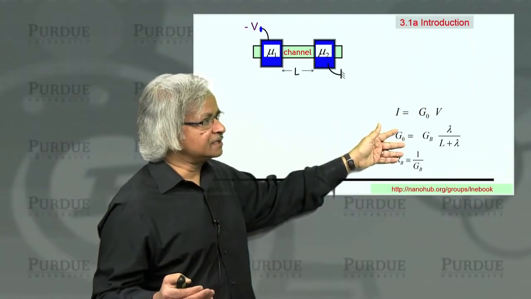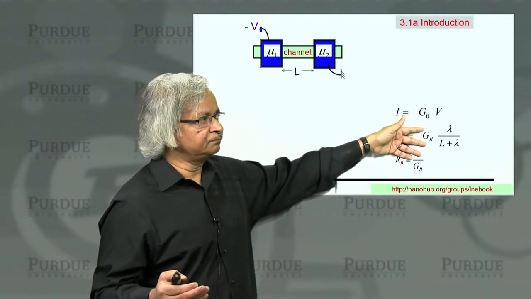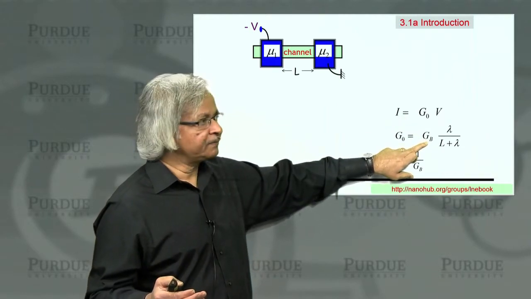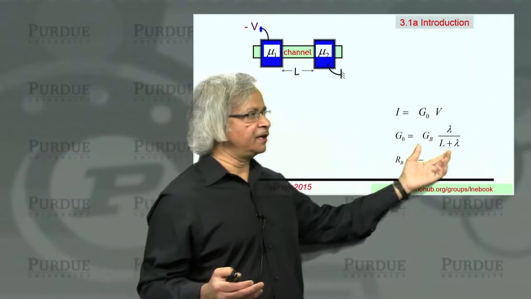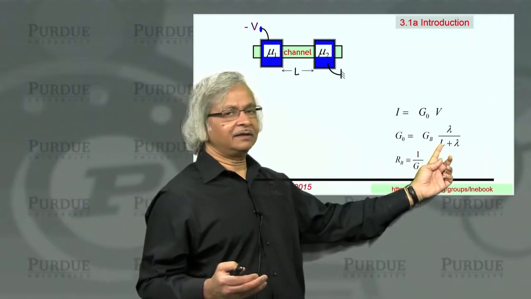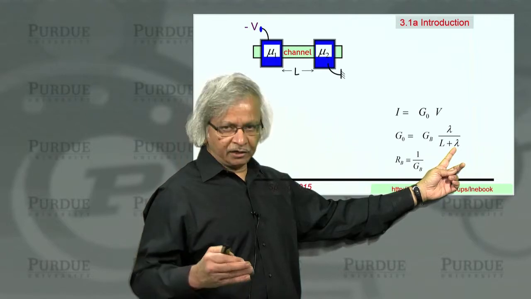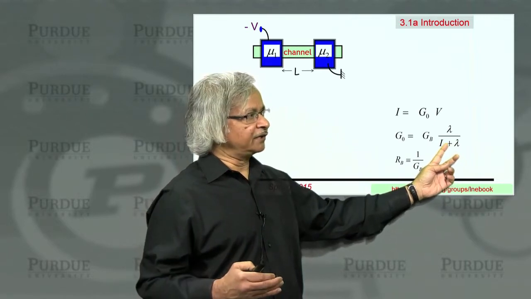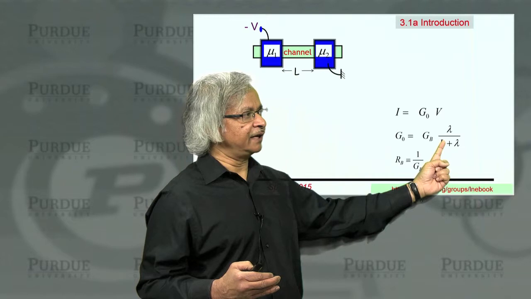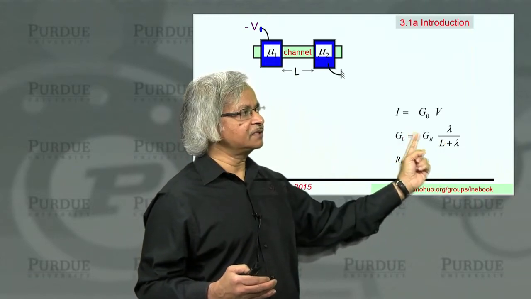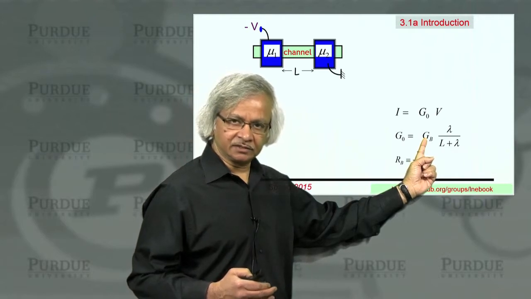And this conductance can be written in the form I've shown here with the ballistic conductance, G sub B. The idea is when you have a very long channel, L is much greater than the mean free path, and you have Ohm's law. On the other hand, for a very short channel, L is small compared to a mean free path, and the conductance becomes equal to the ballistic conductance.